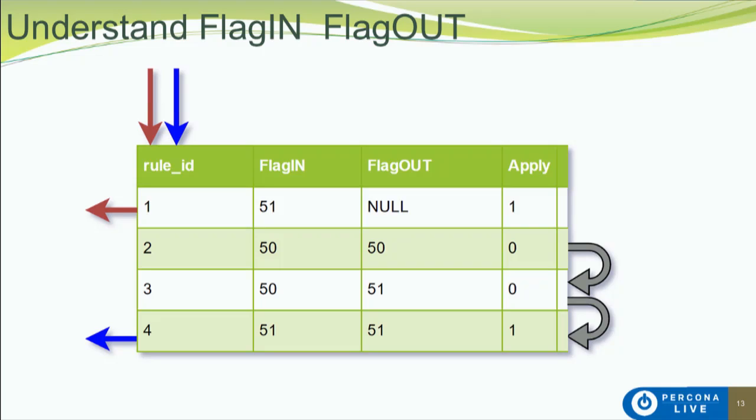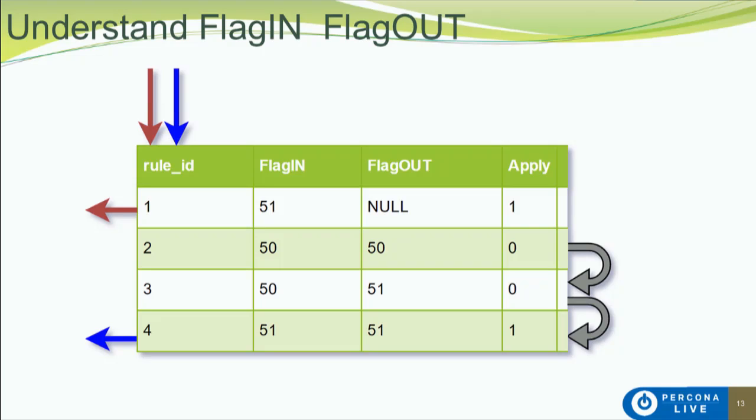And if this is satisfied, then ProxySQL will enter inside it, and what we will do, we will eventually redirect you to the specific host group that is part of this table, and will exit because there is apply.